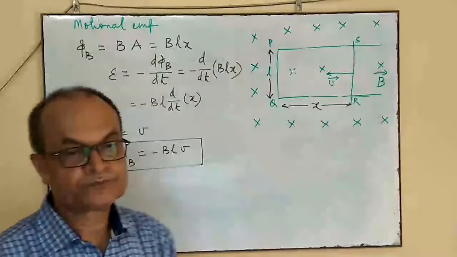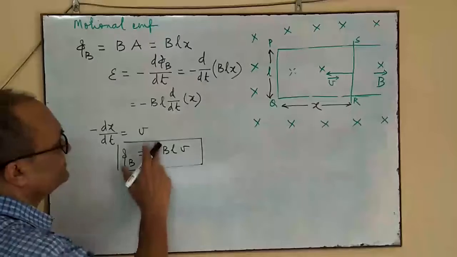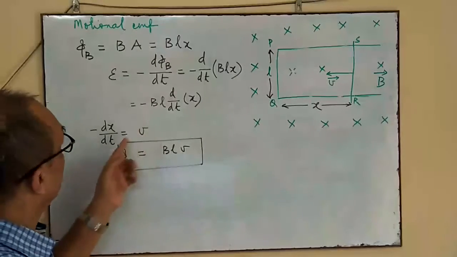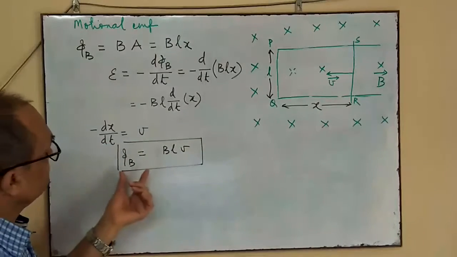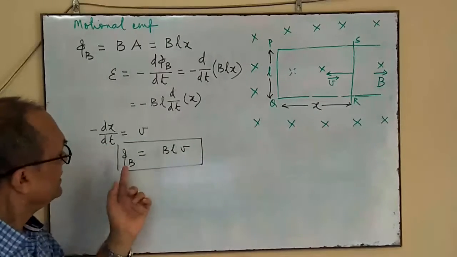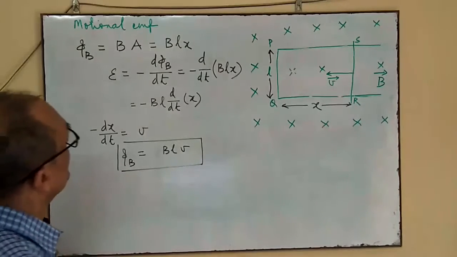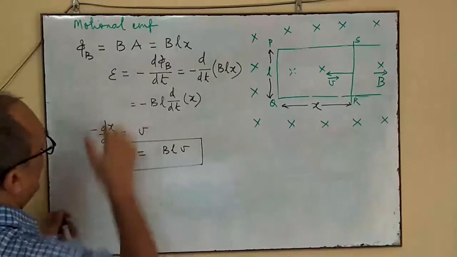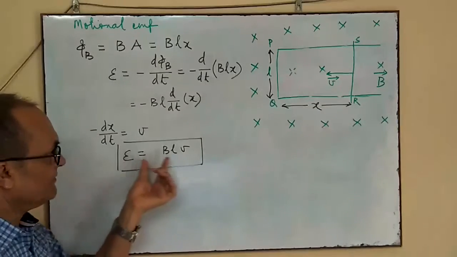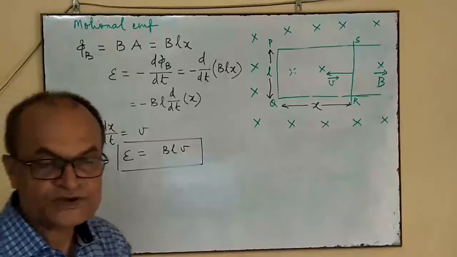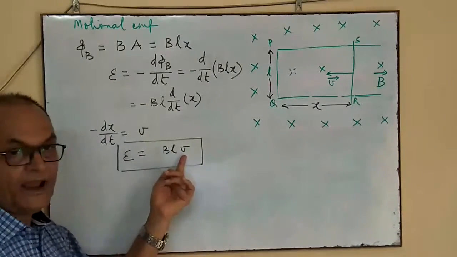Now the conclusion: we can see here this minus will be cancelled, so the induced EMF epsilon is equal to BLv. So the conclusion is, we will see the EMF depends upon B, L and v.